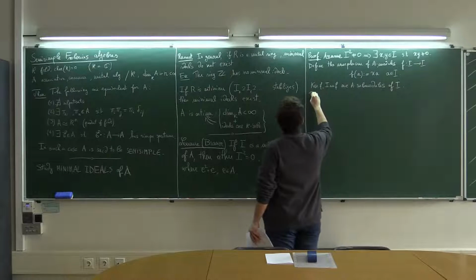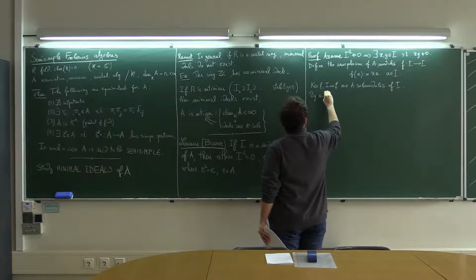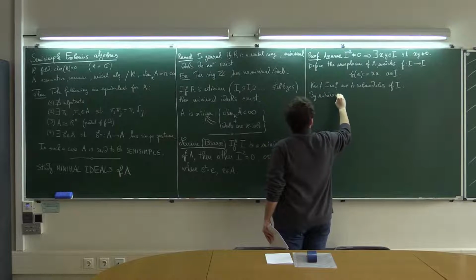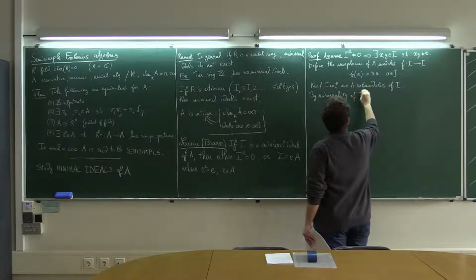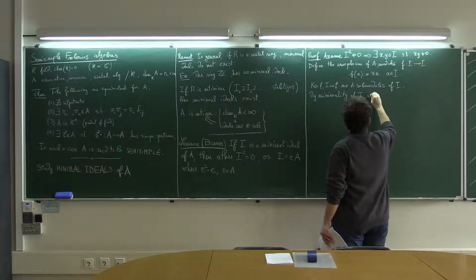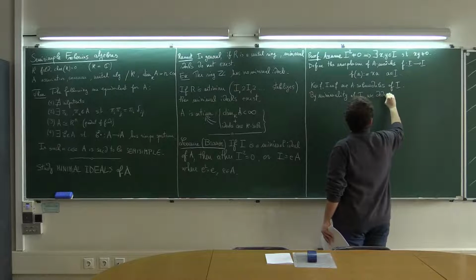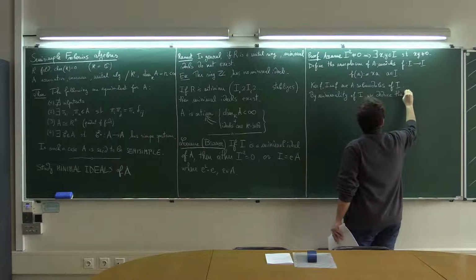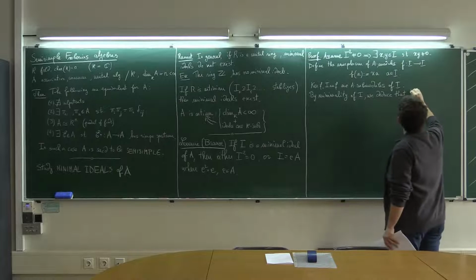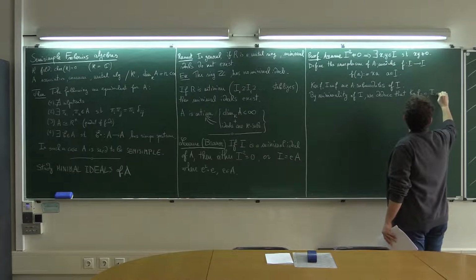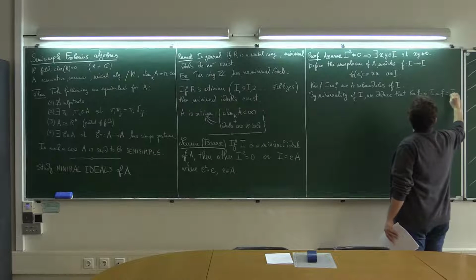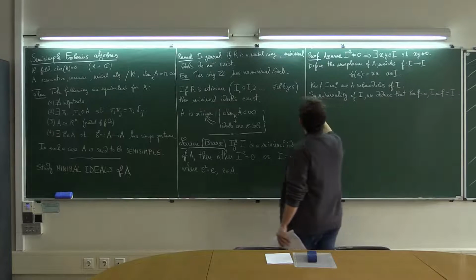So by minimality of I, we deduce that necessarily the kernel is trivial, and the image of F is I, so F is an isomorphism.